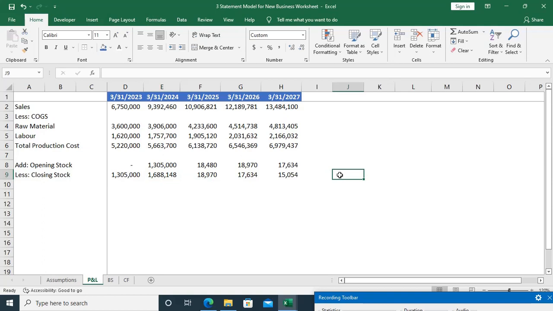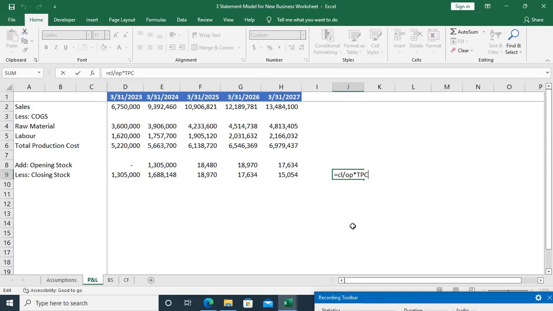I am saying that equal to closing divided by opening multiplied by total production cost. I am telling you just this: closing stock divided by opening stock multiplied by total production cost, in order to understand what is the value of the closing stock.